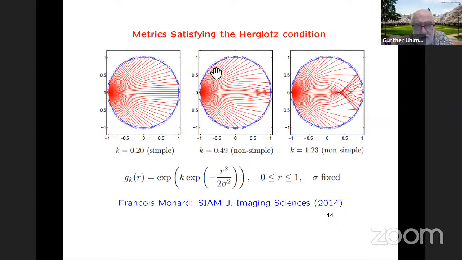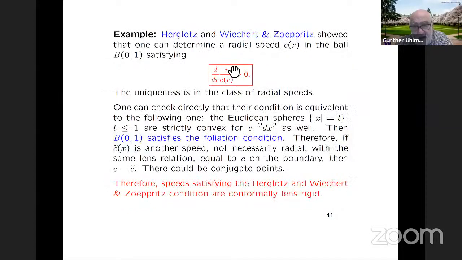If this condition is satisfied, then you have the foliation by these balls, by the standard spheres, because they are also strictly convex with respect to this. This is really a geometric condition. They were not thinking of Herglotz and Wiechert and Zoeppritz in that way. They came up with this by trying to invert some Abel transform that shows up, but it's a geometric condition.